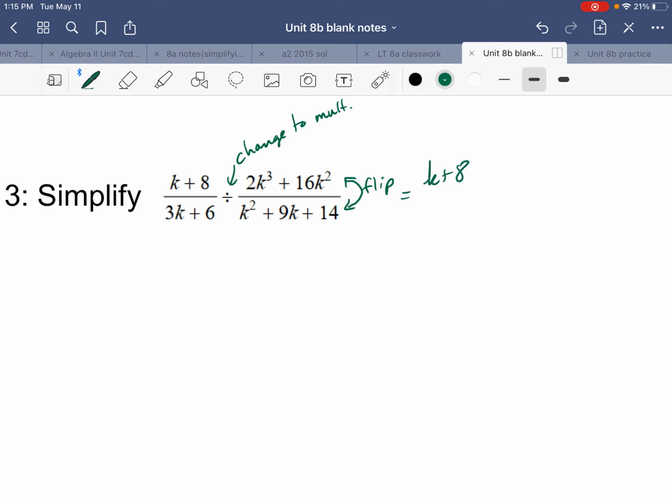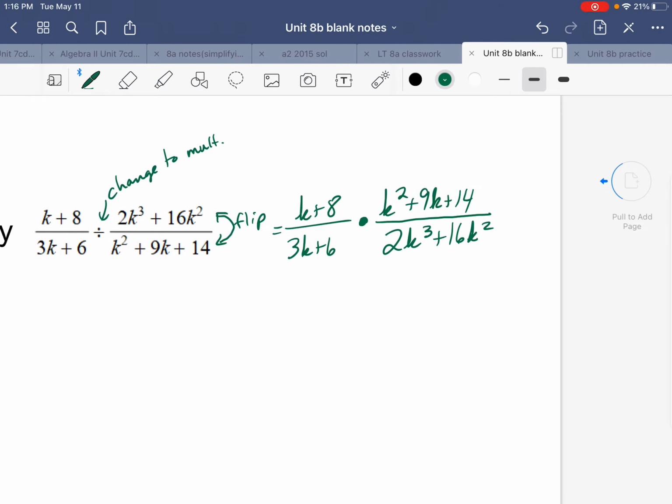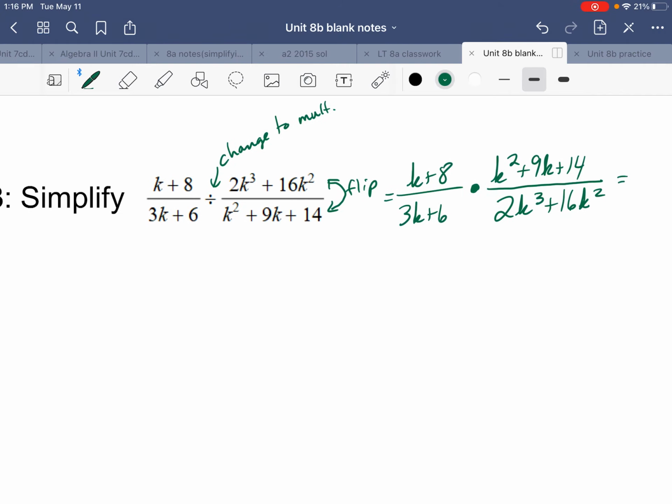So the k plus 8 over 3k plus 6 is going to stay the same, the first fraction. Change the division to a multiplication. Then we're going to flip the numerator and denominator. So this was the denominator of the second fraction. Now k squared plus 9k plus 14 is now your numerator, and 2k cubed plus 16k squared is now your denominator. And now we have a multiplication problem, which is awesome, so we know what to do.